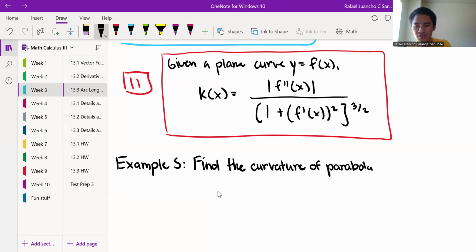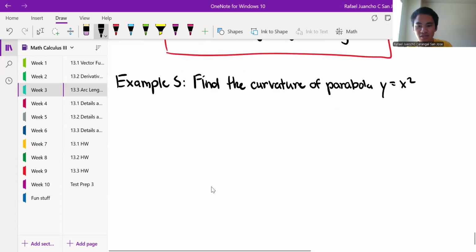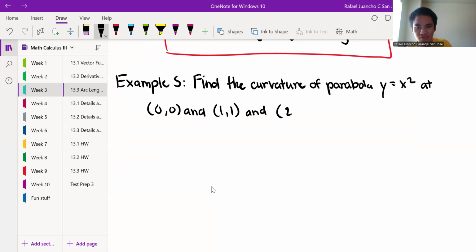So my parabola is the typical y equals x squared. So we all know what that looks like. And we want to find it specifically at the origin and at one of the points. Oh, actually at 2 of the points.